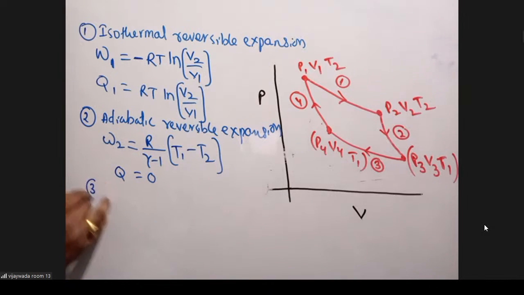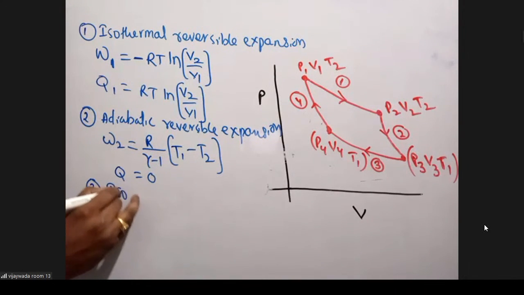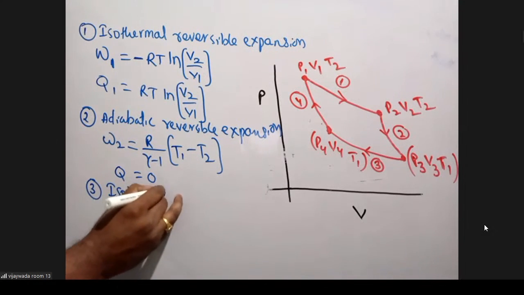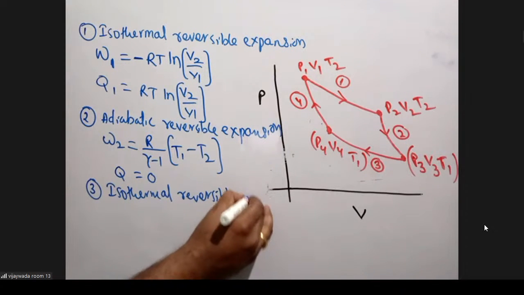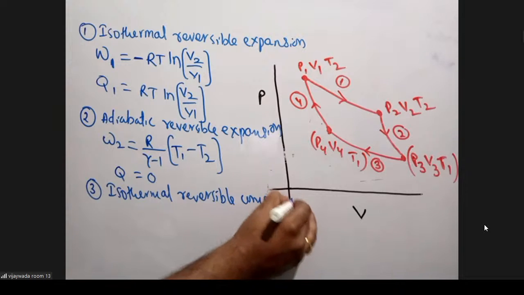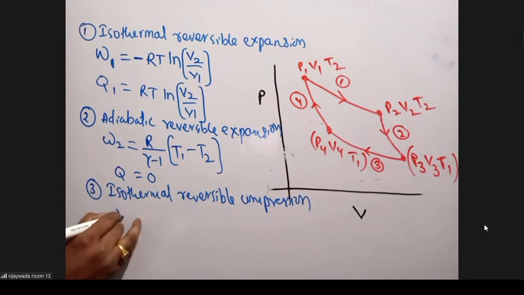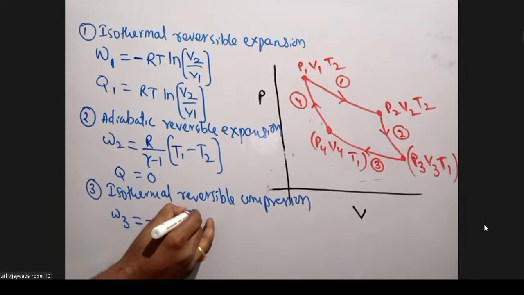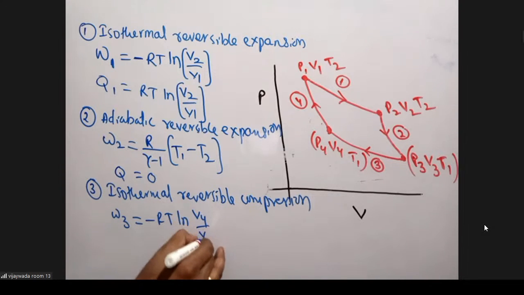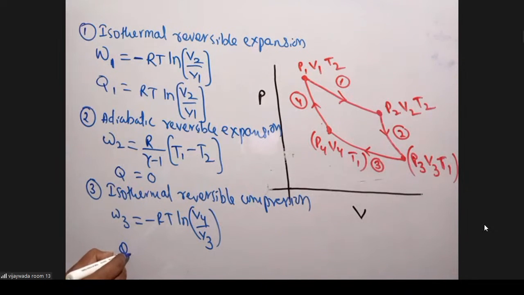And third one is isothermal reversible compression of gas. Work done W3 equal to RT ln final volume V4 by V3. And Q, it's Q1, it's Q2. Q2 is RT ln V4 by V3.